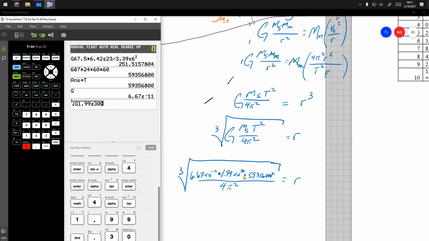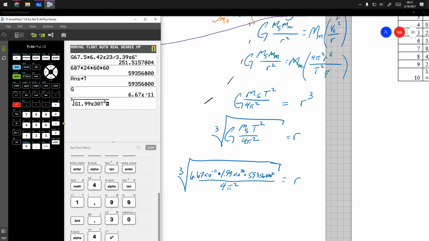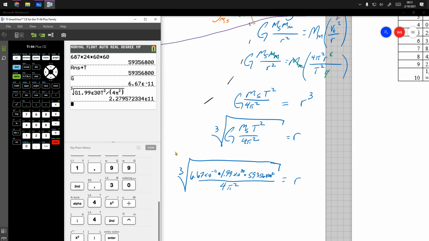Multiplied by t squared. As you saw, I already stored t as t, and that makes it way easier to type in, doesn't it? And then I divide that by, and I put that in parentheses there, so it actually keeps those bits in the denominator. That is necessary for those parentheses. And then that's it. So press enter.